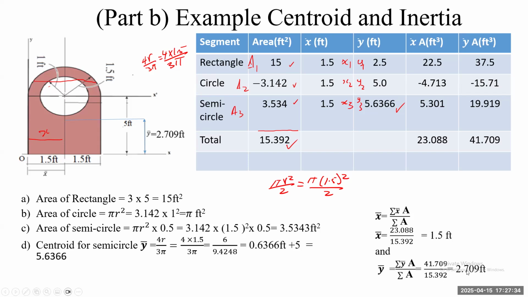You get 2.709, which is what you see there. So that's your y bar for the overall figure. And your x bar is 1.5, which tells you that your working is relatively okay. It's a little bit beyond the center of the rectangle, just a little bit above 2.7. So that is good.